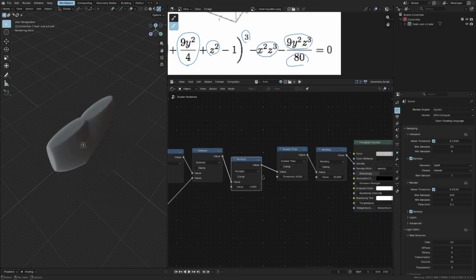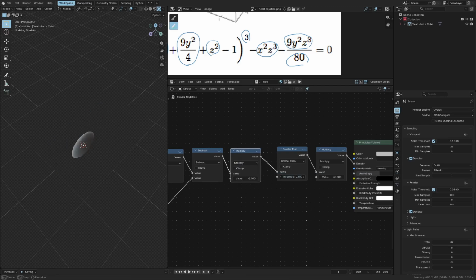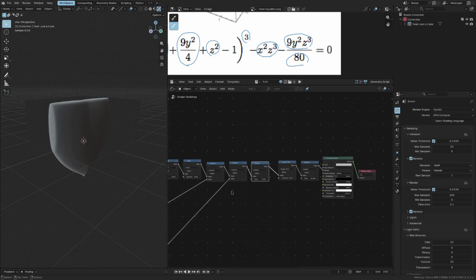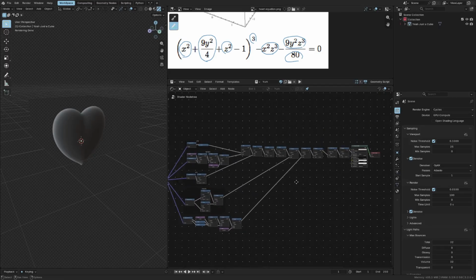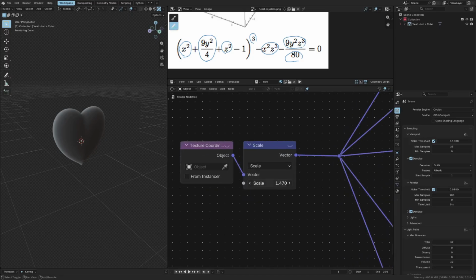Oh, okay, it seems to be working, but I have no idea if this is a heart or not. Okay, so I think I fixed it. I just scaled up and it fixed it completely. Look at that, we can just scale up more, and I think we made it.